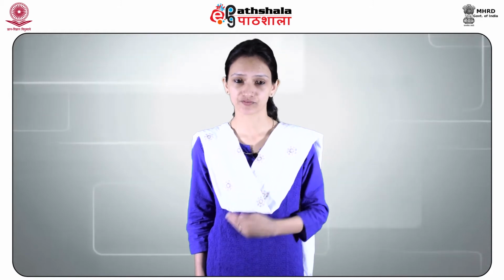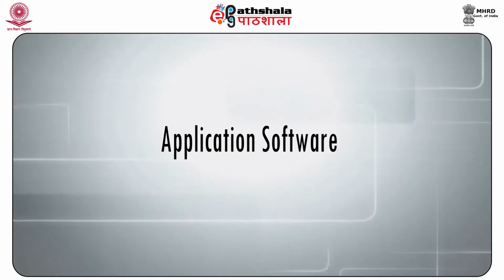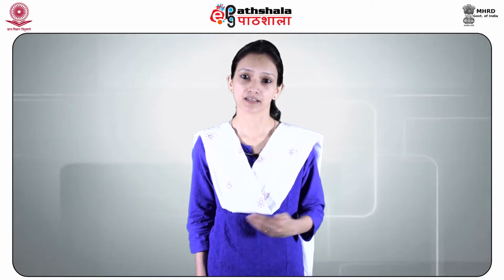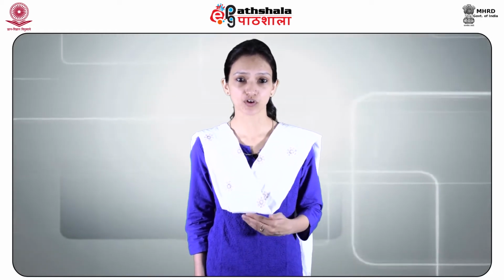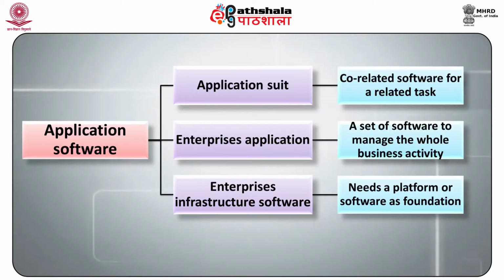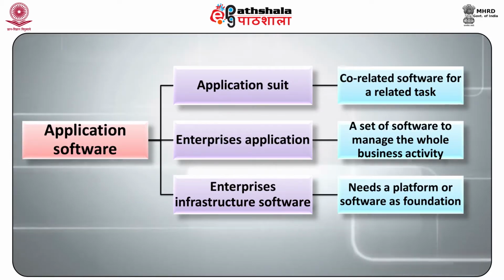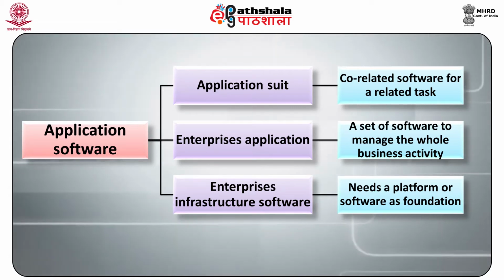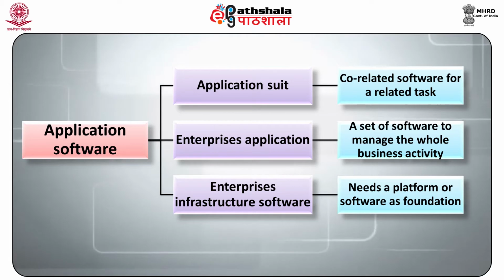Now, types of software. First is application software. It is software which is designed for a specific task completion. Some of the types of application software are: first, application suite. It is correlated software for related tasks. For example, we can take Office suite or CorelDRAW suite.